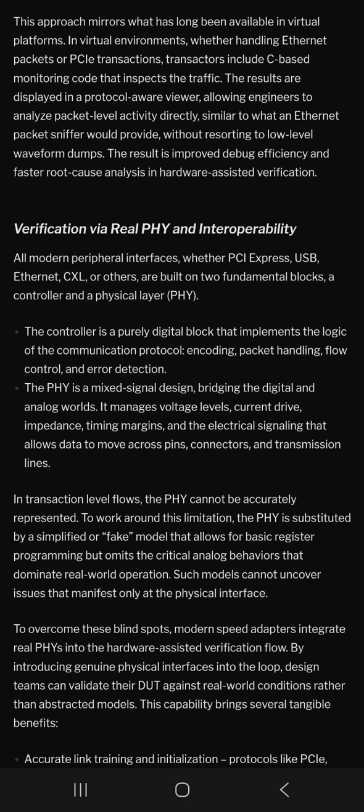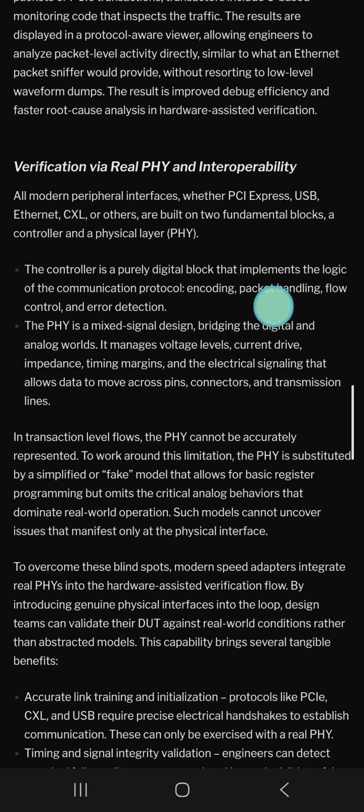The PHY is a mixed-signal design, bridging the digital and analog worlds. It manages the voltage levels, current drive, impedance, timing margins, and the electrical signals that allow data to move across pins, connectors, and transmission lines.